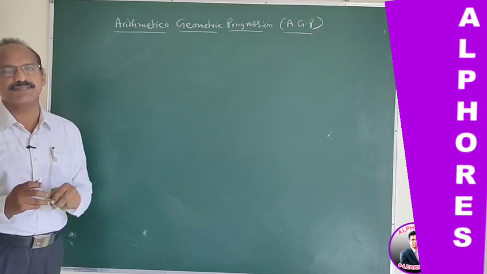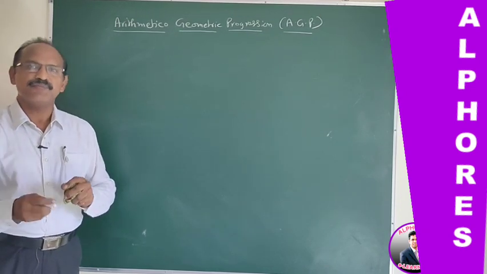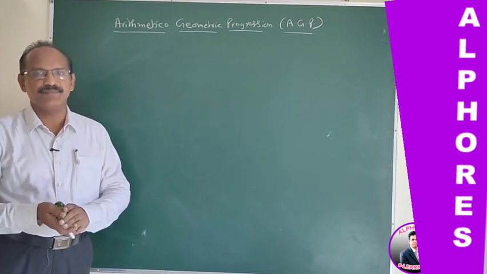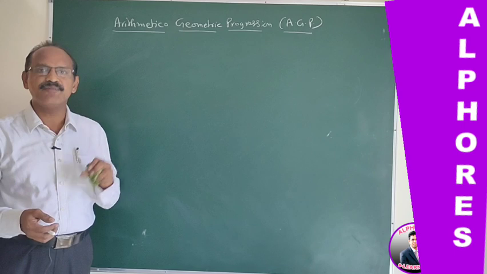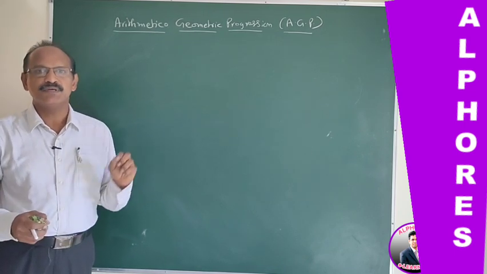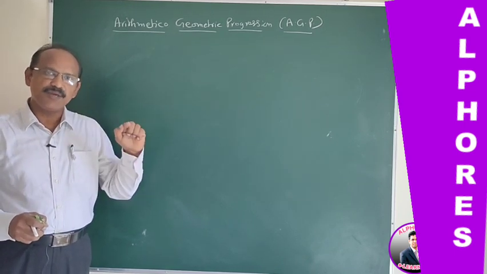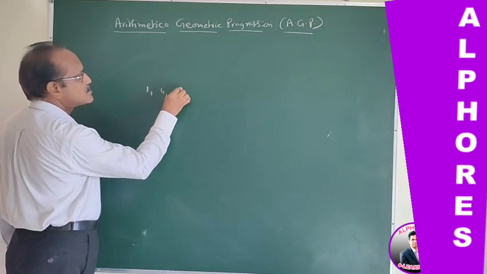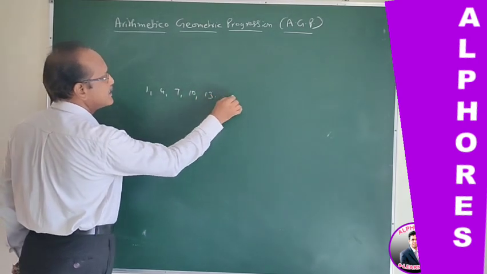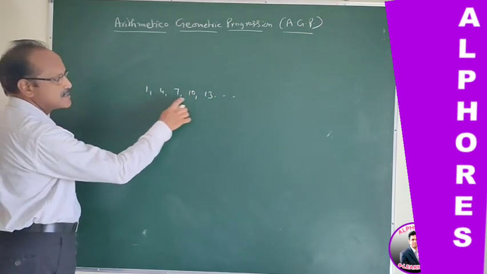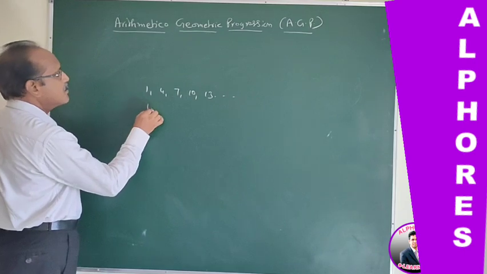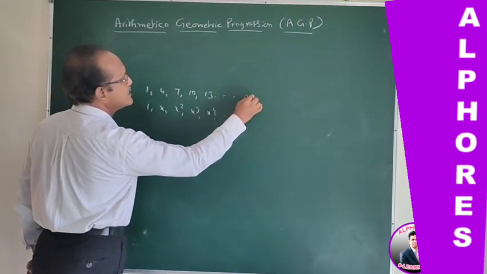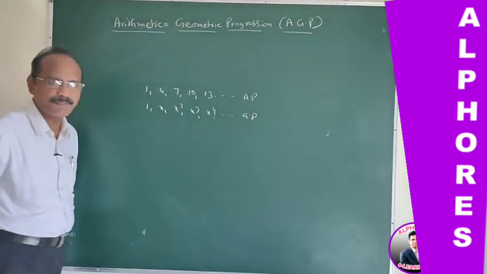It is the sequence obtained by multiplying the corresponding terms of AP as well as GP. For example, 1, 4, 7, 10, 13, etc. is an AP series, and 1, x, x square, x cube, x power 4, etc. is a GP.